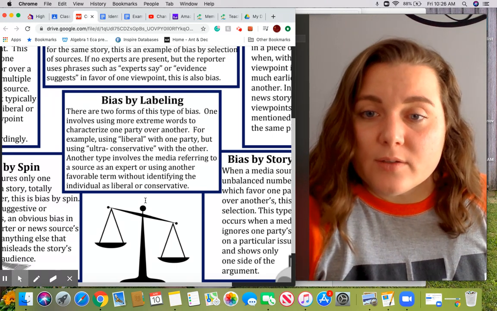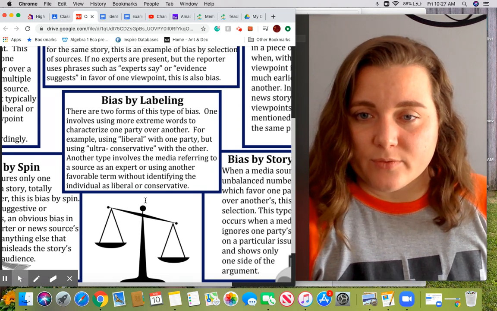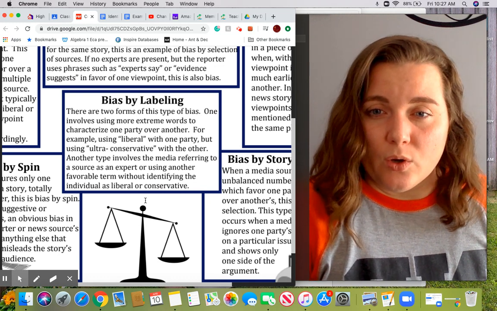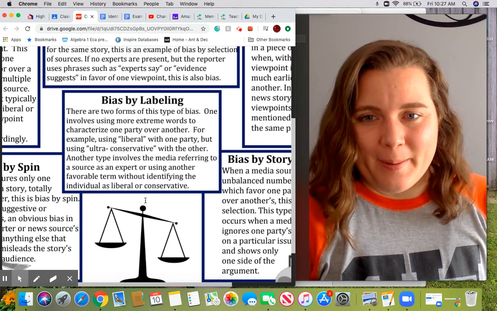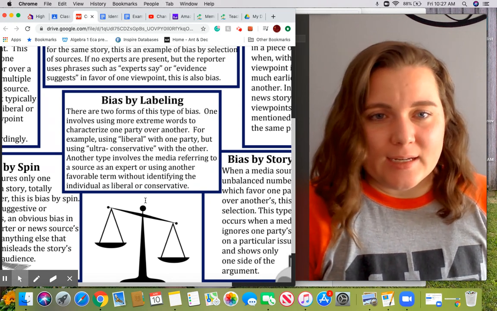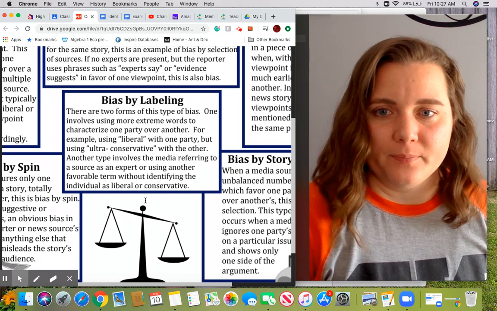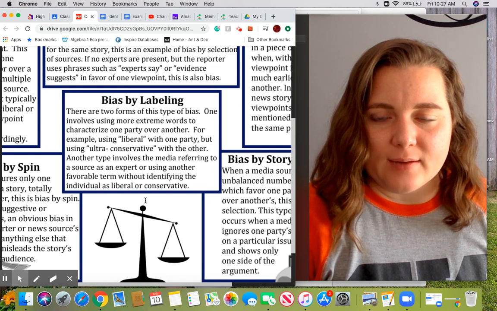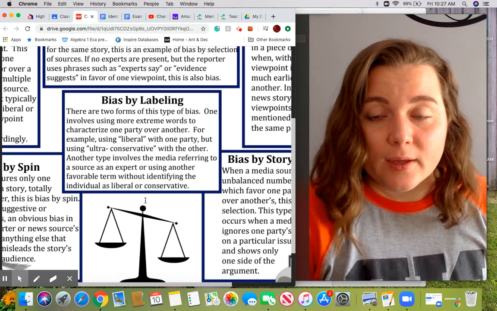Another type involves the media referring to a source as an expert or using another favorable term without identifying the individual as liberal or conservative. So, okay, I can call myself an expert on rocket science. Maybe I am. Maybe I'm not. You don't know for sure.